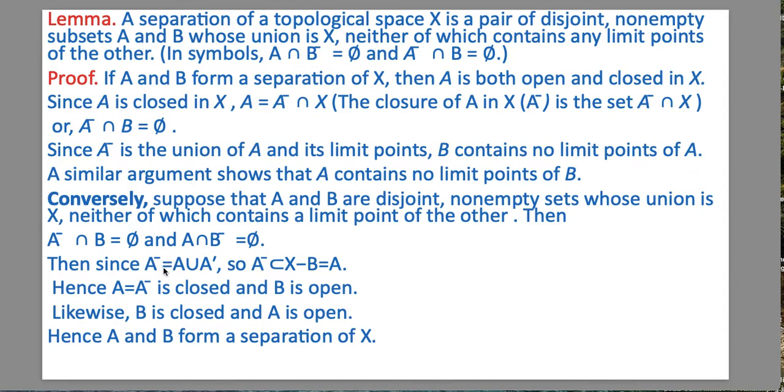Then since A bar is equal to A union A dash, A bar is equal to X minus B, which is equal to A. Hence, A equal to A bar is closed and B is open. Similarly, B is closed and A is open. It means A and B are both open as well as closed and form a separation of X.